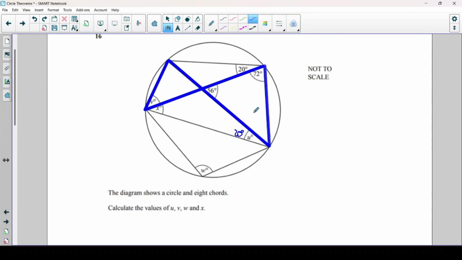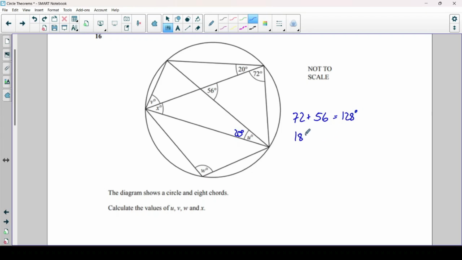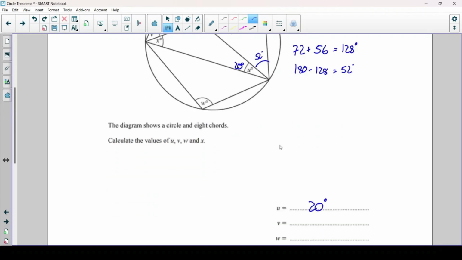So let's add up 72 and 56. What's that, 128 degrees. And because those are angles in a triangle, 180 take away 128 is 52. So this one here is 52. And this one are angles in the same segment, so that one is also 52 degrees.